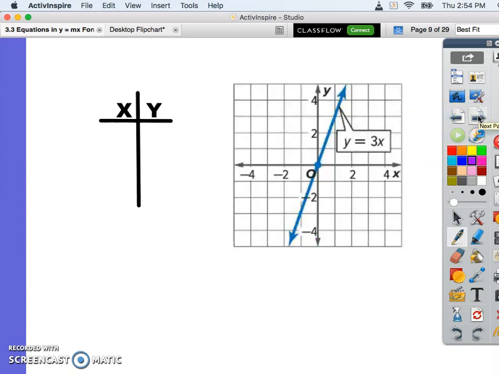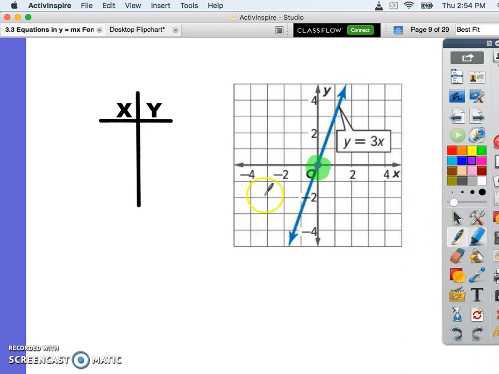When we have a graph, the way we know if it is direct variation is that it's going to go through the origin right here. Let me highlight it a little more.